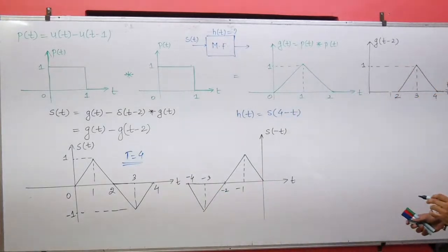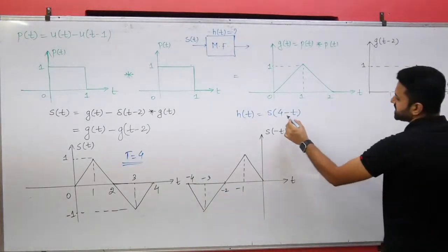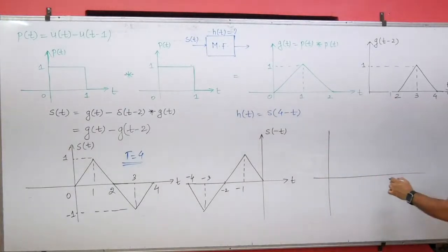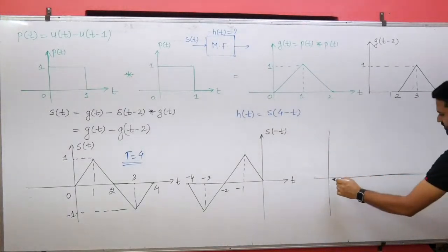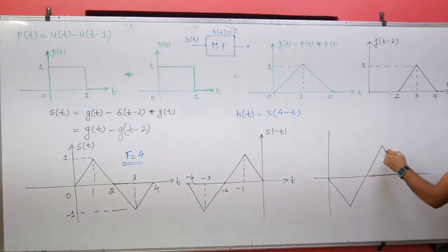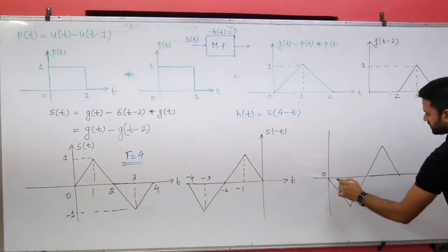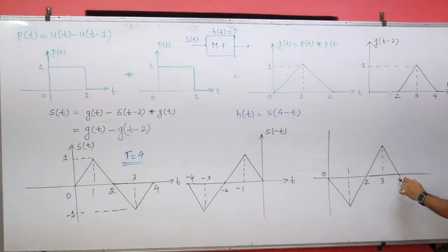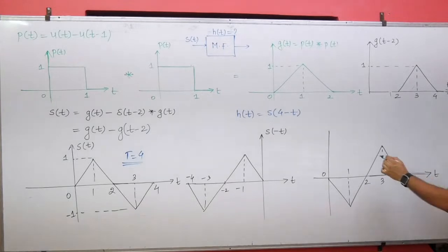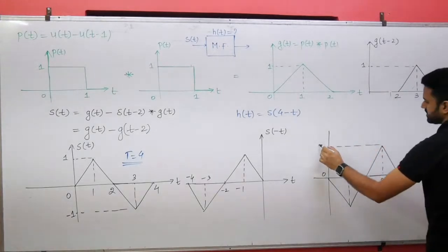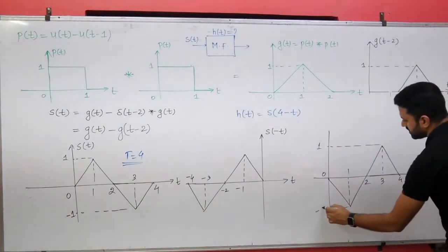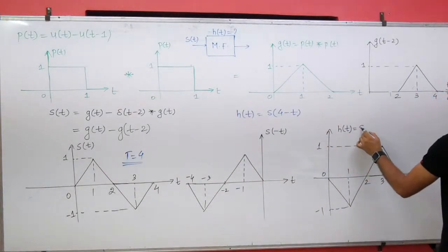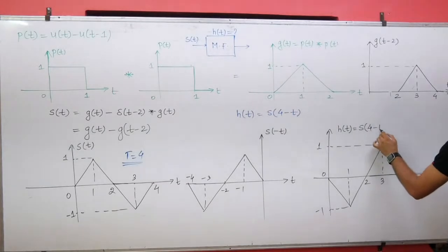Now you have to shift it by 4, so it gets delayed and ranges starting from 0 and going up to 4. So this is the response h(t), which is s(4 minus t).